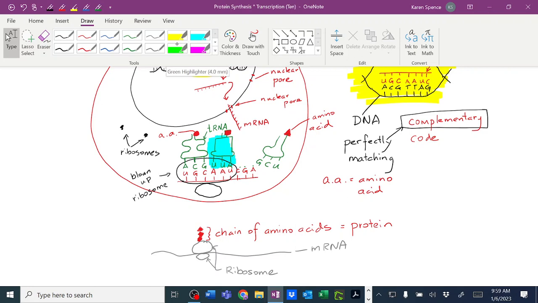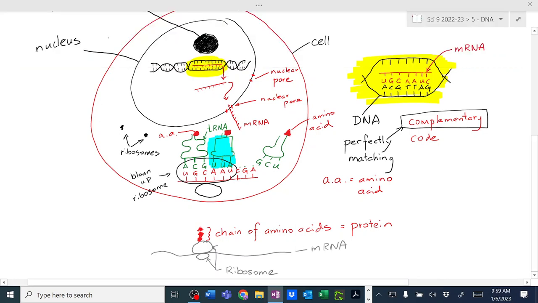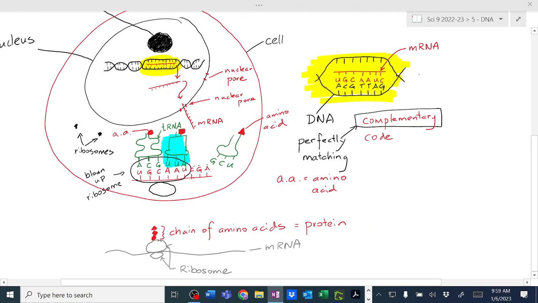So this process that's happening up in the nucleus, what's this process called? Where we're making the mRNA. Making the mRNA, that is transcription.